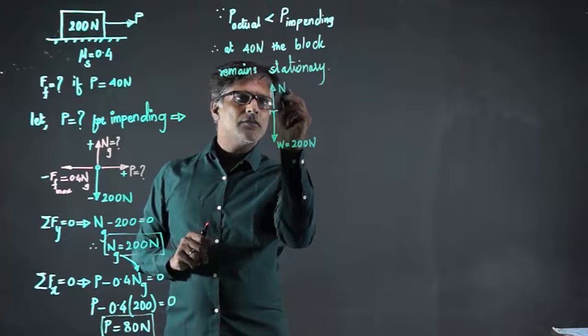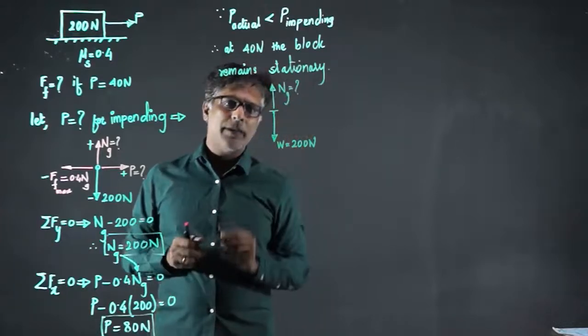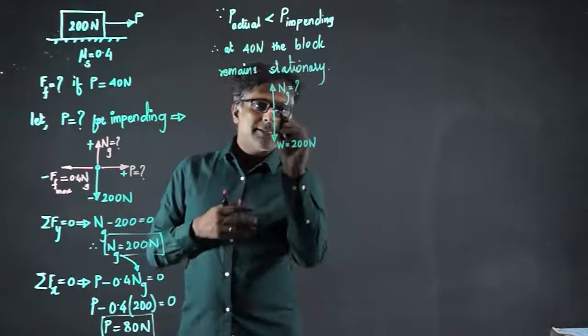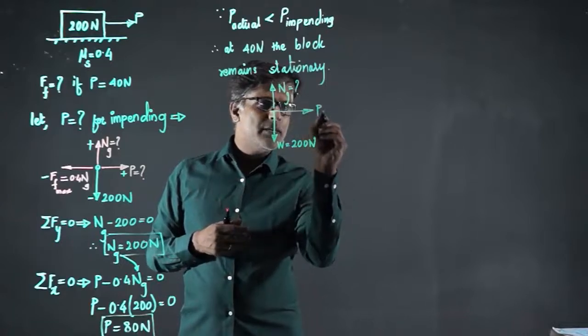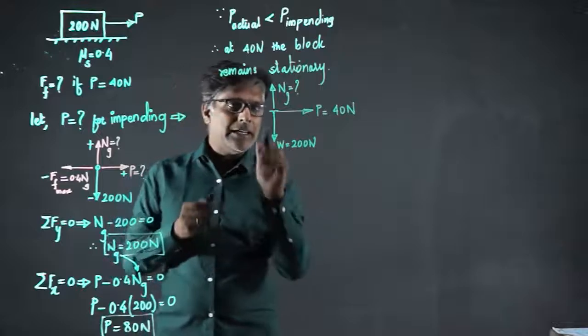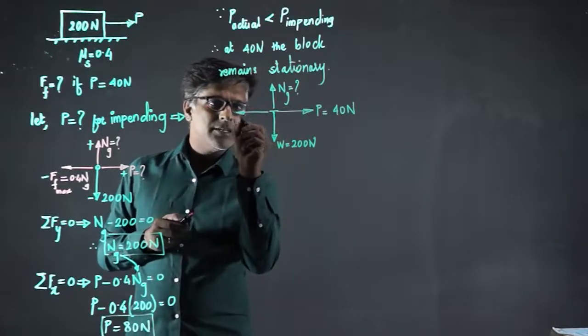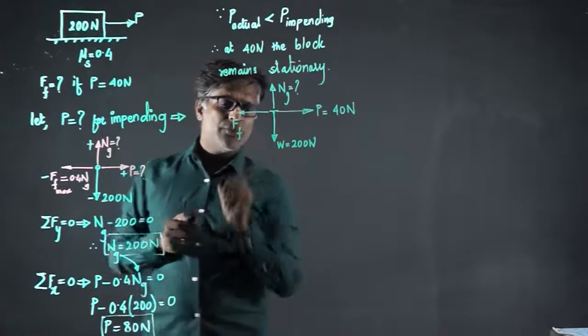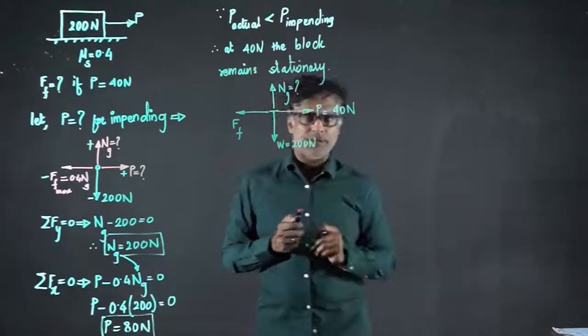Normal reaction of the ground acting on the block would be acting upwards. External force P, which is 40 Newton, would be acting to the right. And opposing this, there would be a force of friction acting to the left.